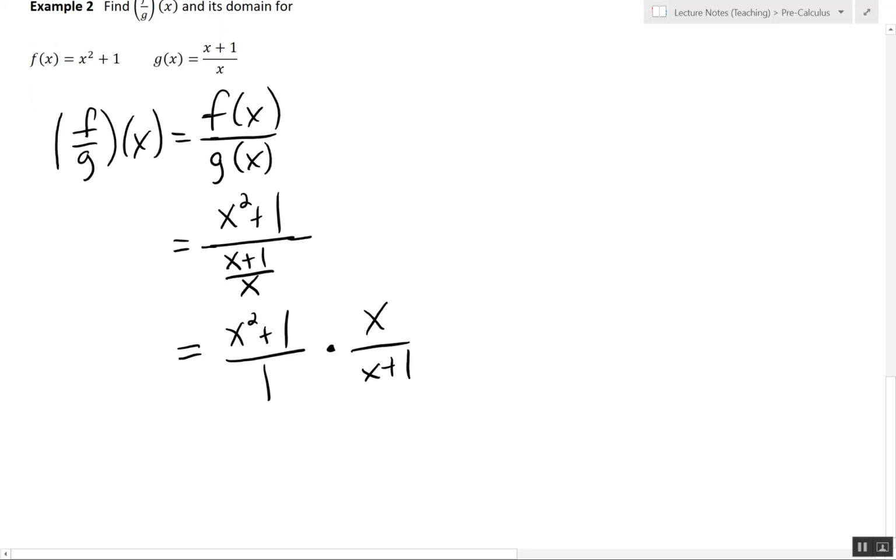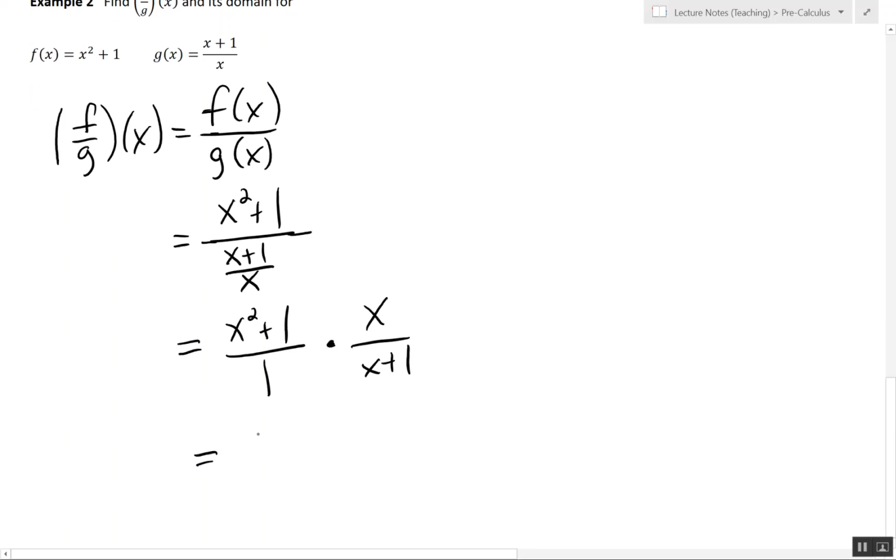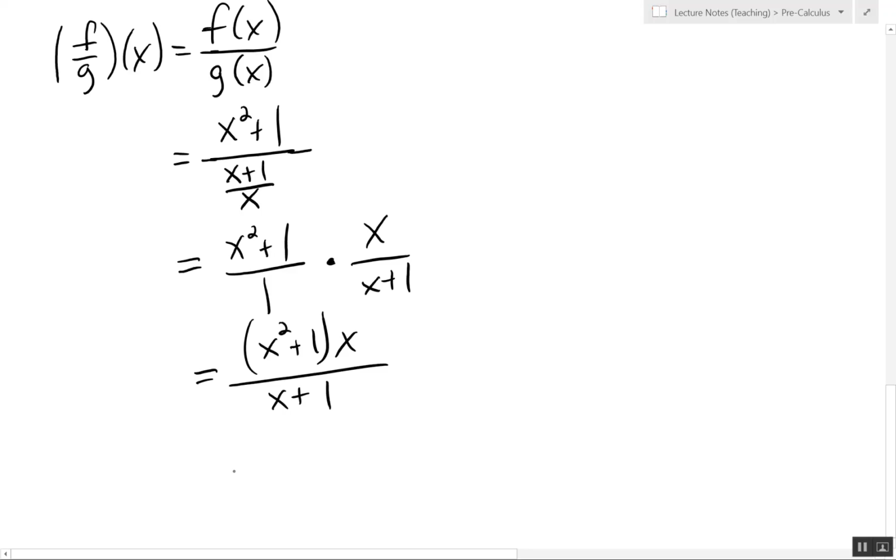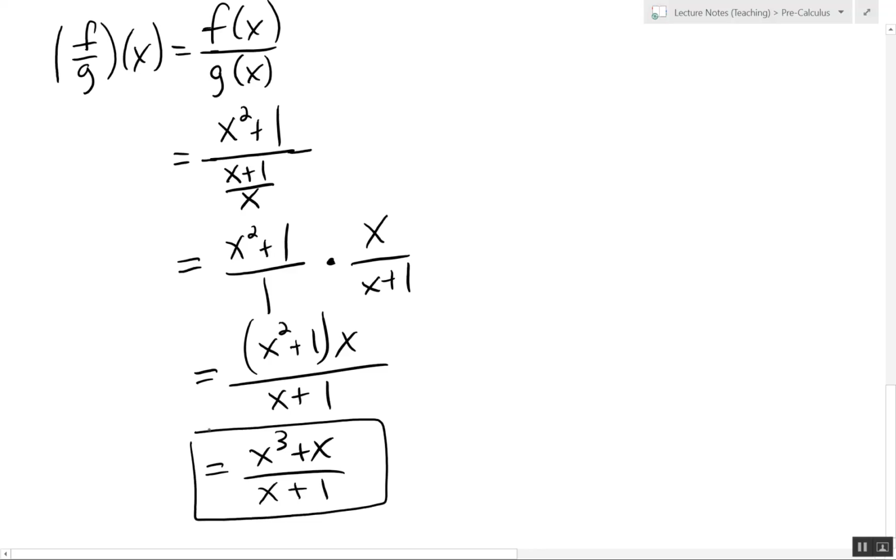And when we simplify that, we get x squared plus 1 times x all over x plus 1, and then we can simplify that to x cubed plus x all over x plus 1. So this is what algebraically the quotient simplifies to.